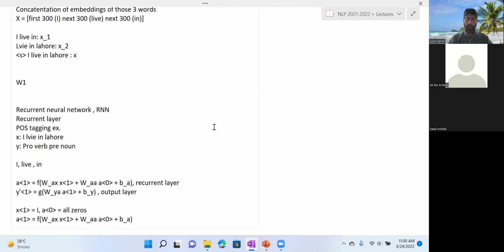So I think I've introduced the basic equation. In the next lecture, we'll start from here and discuss some applications of RNN, and then later extend RNN to other models like GRU, LSTM, and then to transformers.